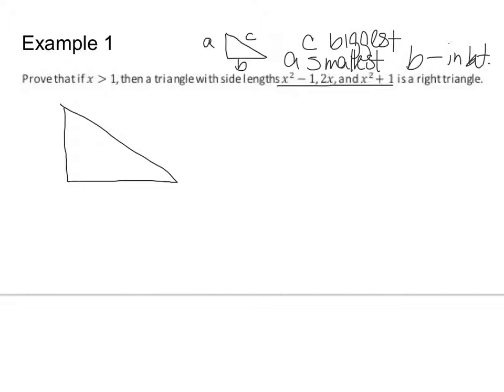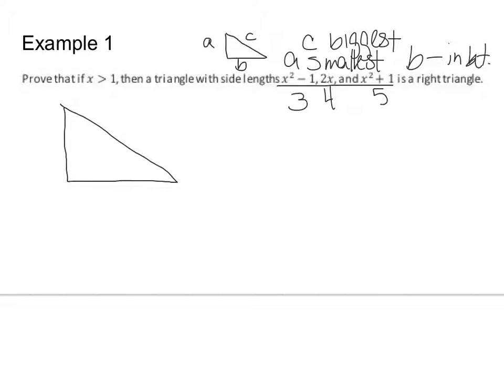If I just say x equals 2, 2 squared is 4 minus 1 is 3. 2 times 2 is 4, and 2 squared plus 1 is 5.